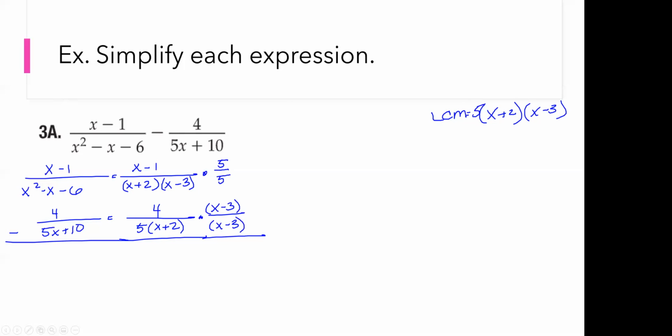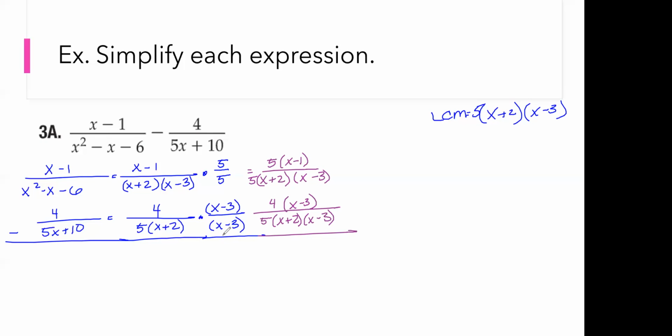Okay, so when I do that, I end up with 5 times x minus 1 over 5 times x plus 2 times x minus 3. And over here, I end up with 4 times x minus 3, over 5 times x plus 2 times x minus 3. Now I'm going to subtract.